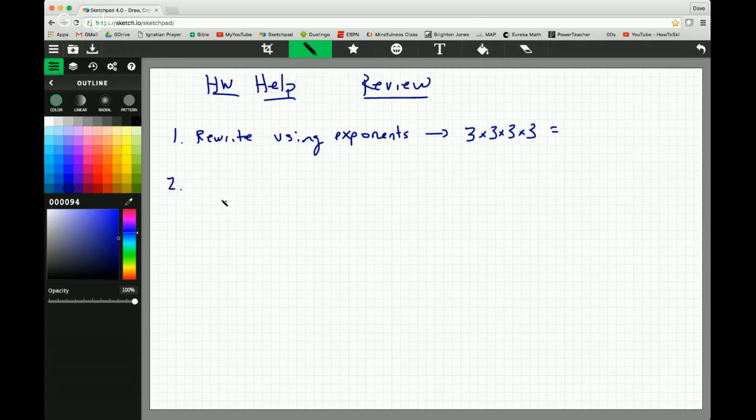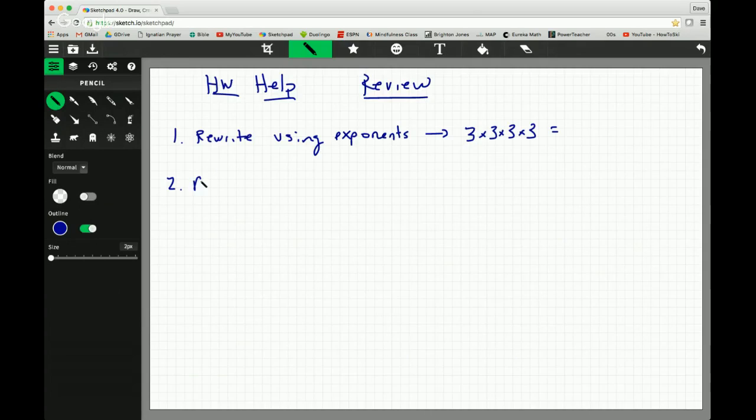Question number 2 is rewrite using exponents: x times x times x dot dot dot times x, if we had 50 x's, or we repeated it 50 times. Either way.